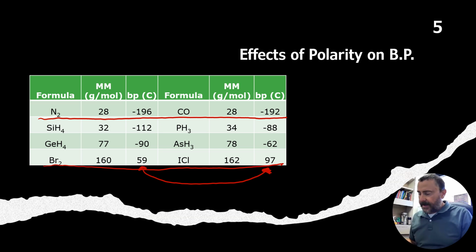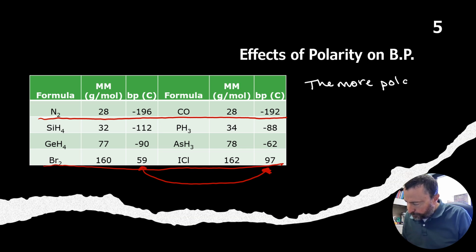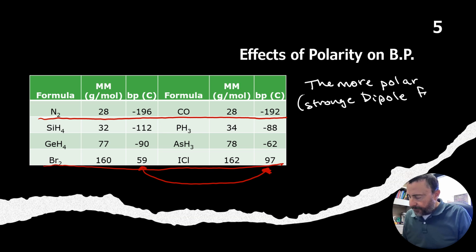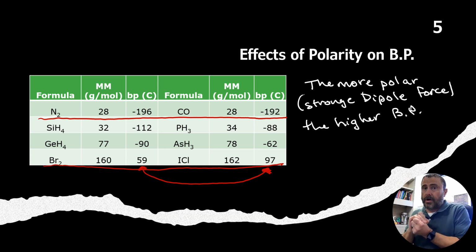And so the more polar, or the stronger the dipole force, the higher the boiling point is going to be. Again, the stronger the force, the harder it is to rip those molecules apart from each other and turn them into the gas phase. Liquid phases are stuck together, hard to break apart into the gas phase.